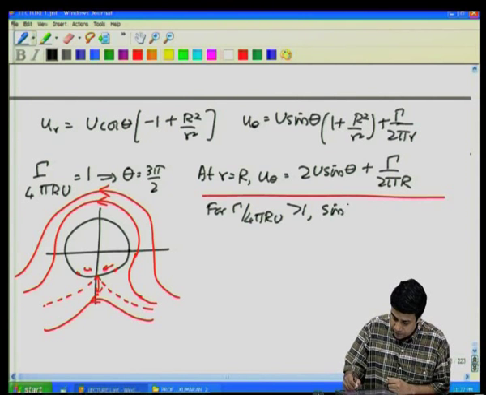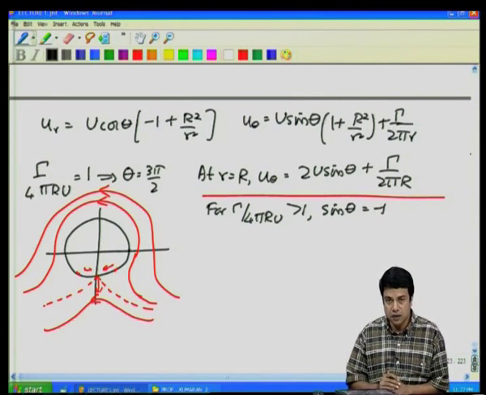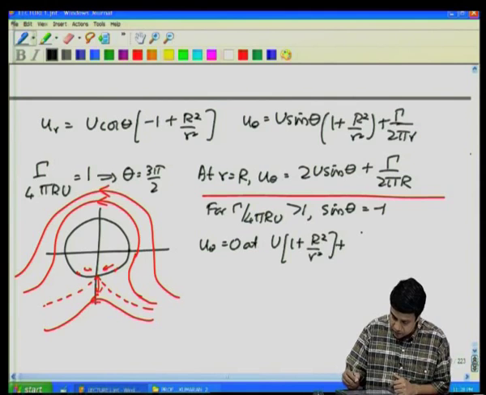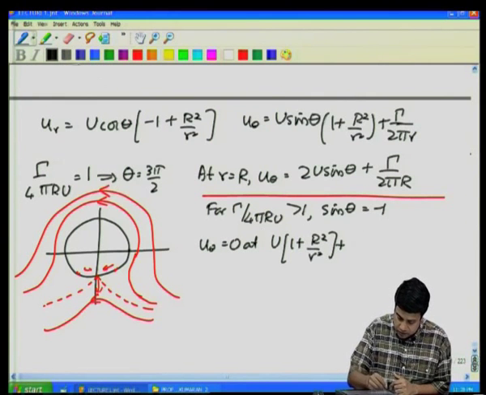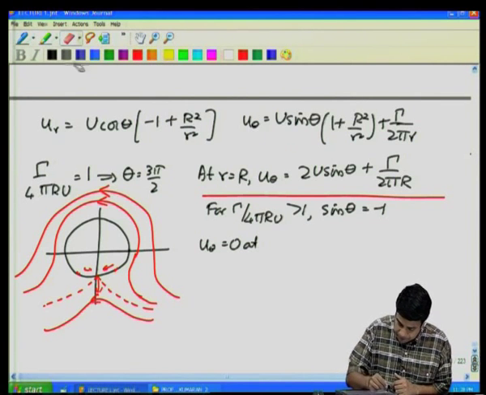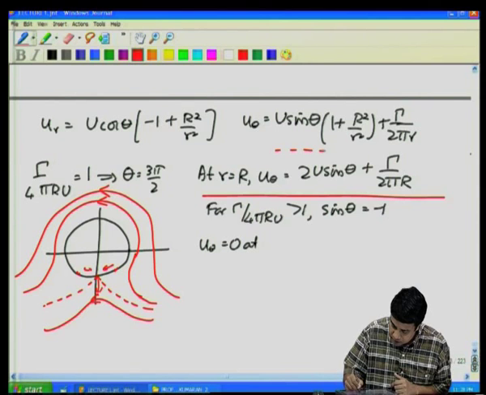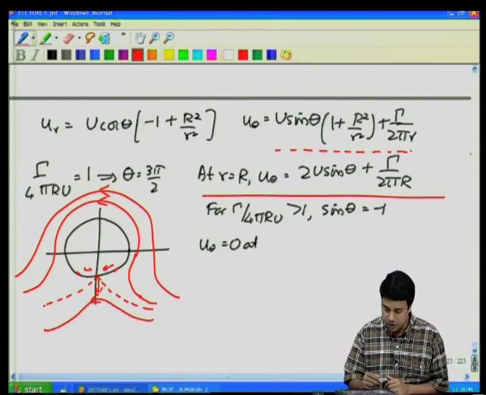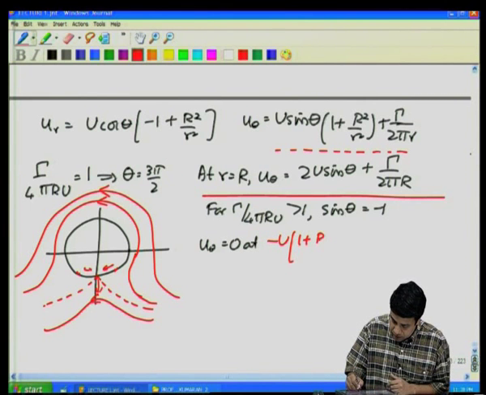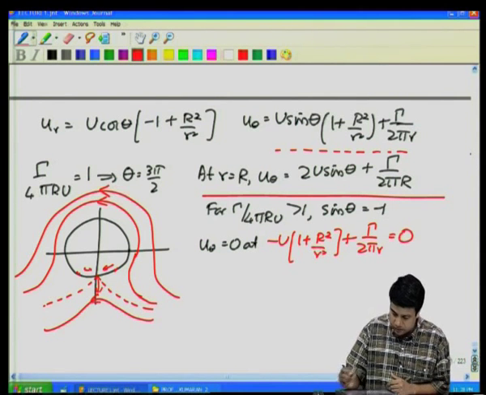I have sin θ equal to minus 1. Therefore, u_θ is equal to 0 at u(1 + R²/r²) plus Γ/(2πr). So if sin θ is equal to minus 1, in this equation I insert sin θ equal to minus 1, and I get −u(1 + R²/r²) + Γ/(2πr) = 0.